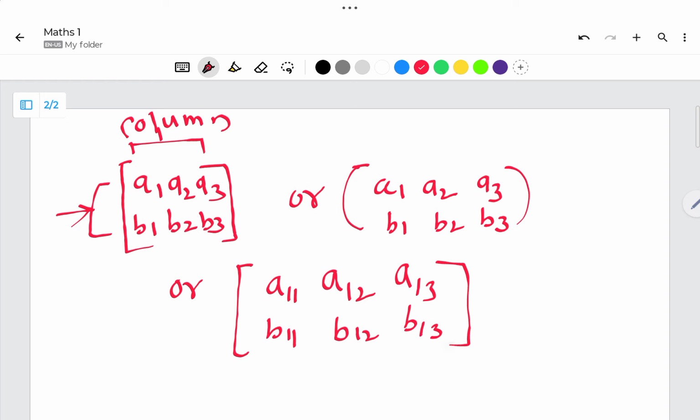These all are called a matrix. A1, A2, A3 are elements. So this is what the matrix is.